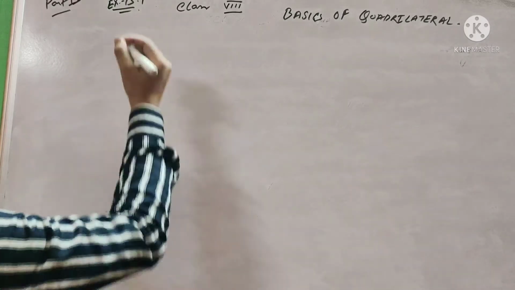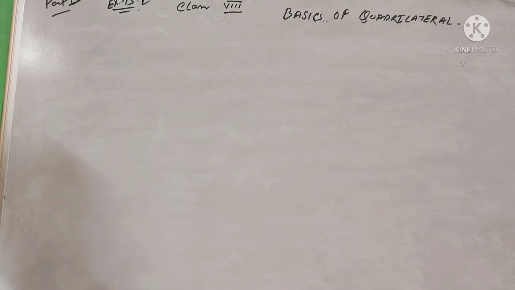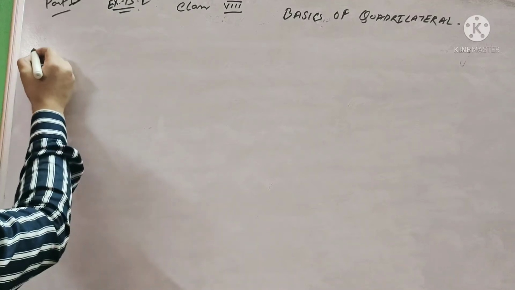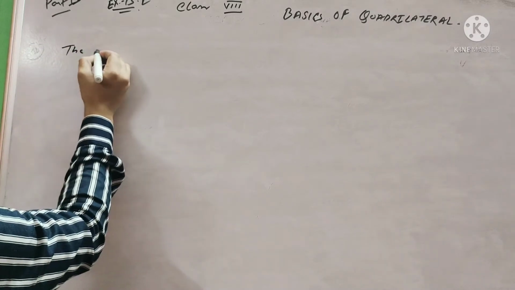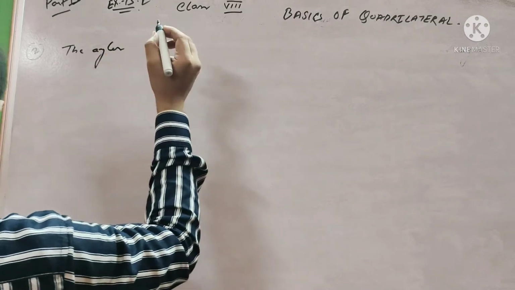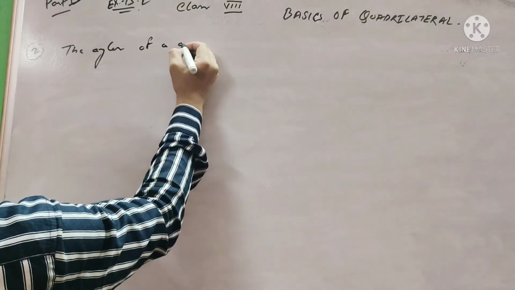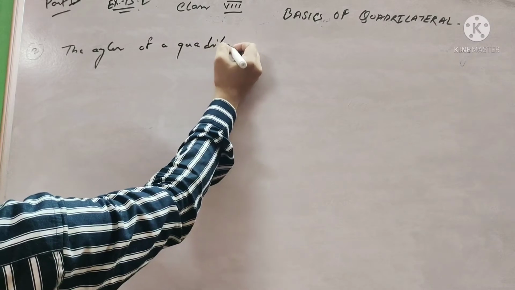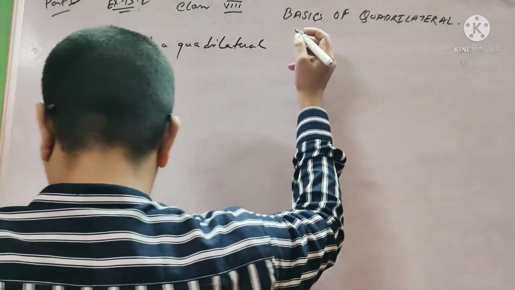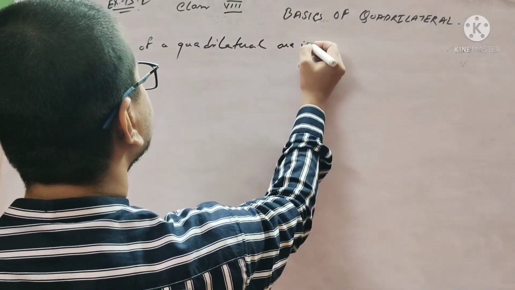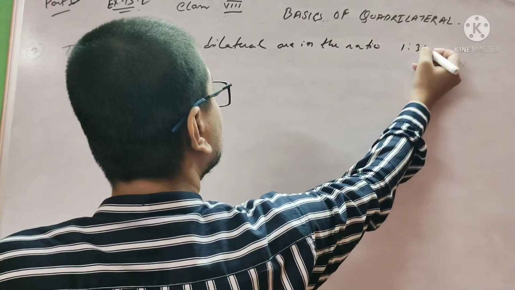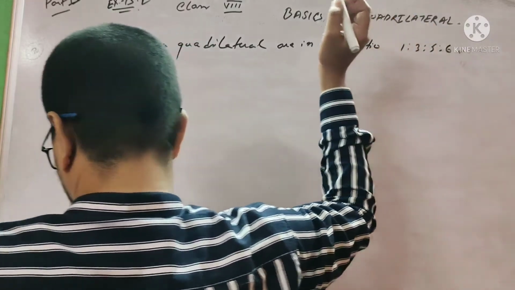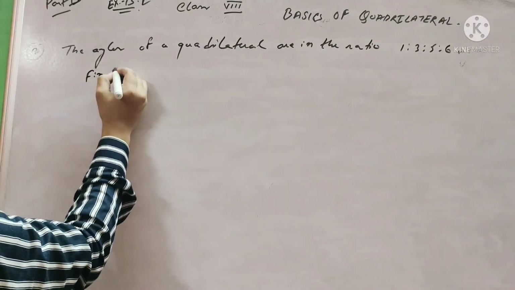Now exercise 13.2 starts, from question number 2. The angles of a quadrilateral are in the ratio 1:3:5:6. Find each angle.